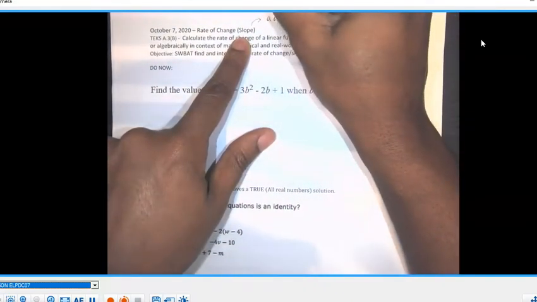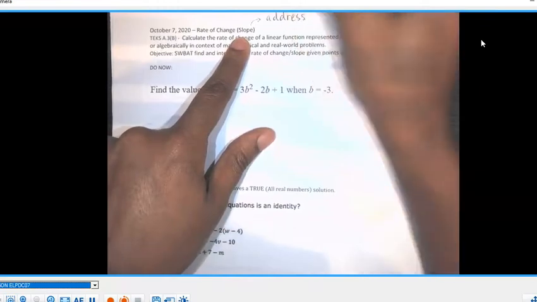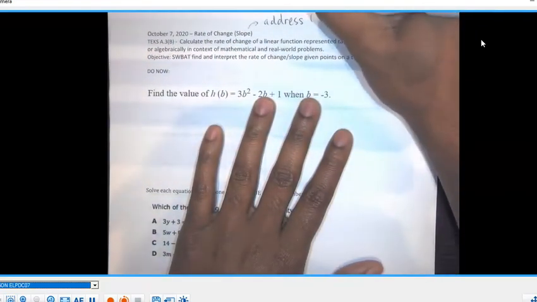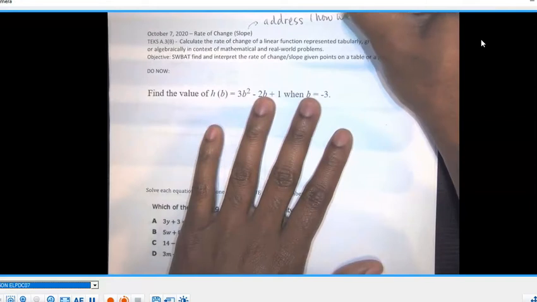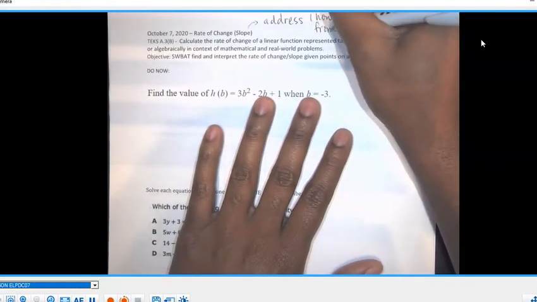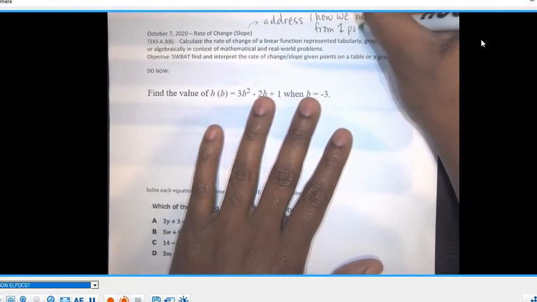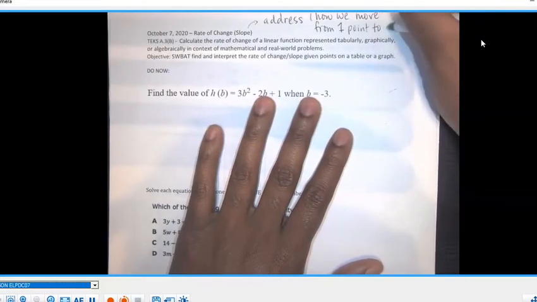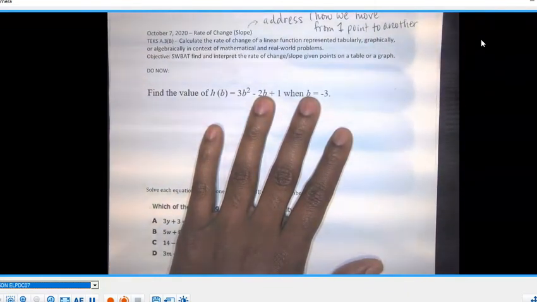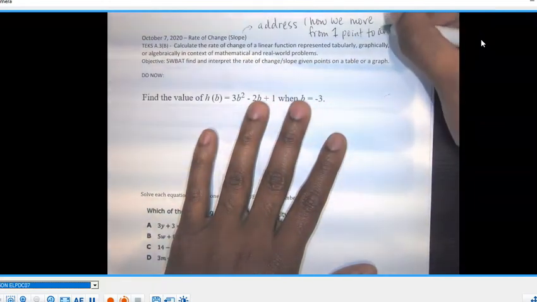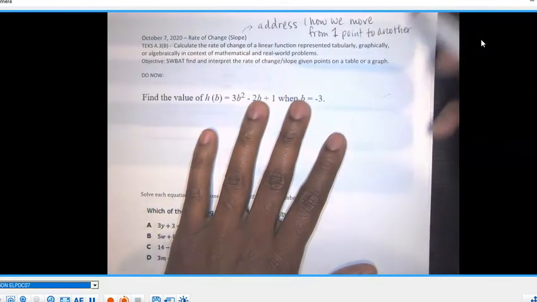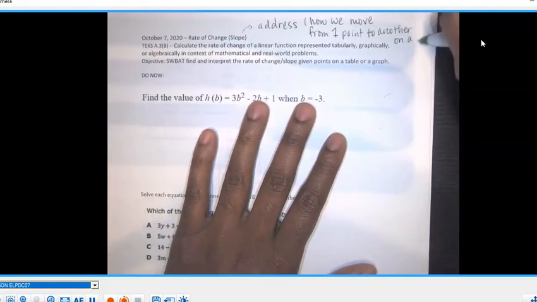And when I say an address, it's basically how we move from one point to another on a linear line. Can everybody see that? Again, how we move from one point to another on a line.